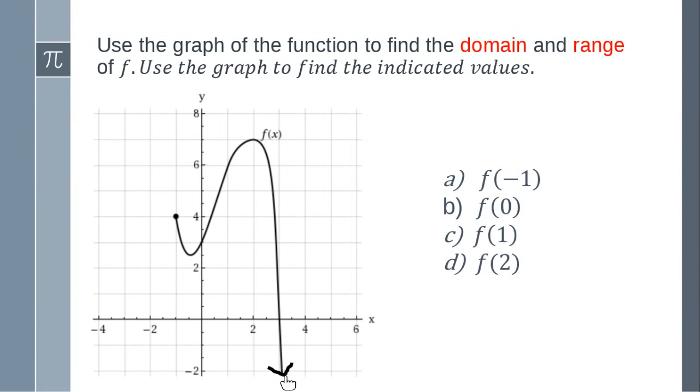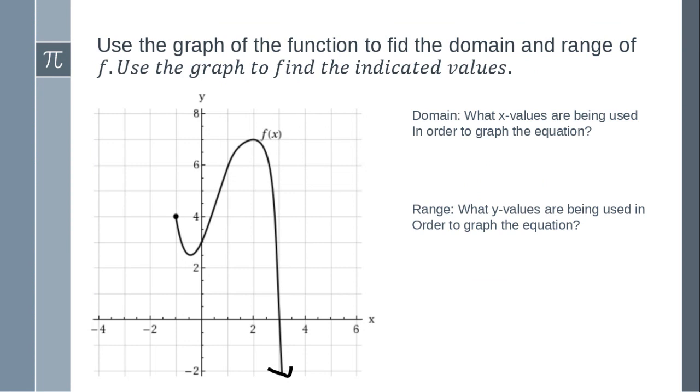If I were to answer the domain and range for this graph, reading the domain from left to right, the first value I come up with on the left is -1. Because I have an arrow on the right side, this graph is going forever to the right. So my domain is from -1, including -1, to positive infinity.